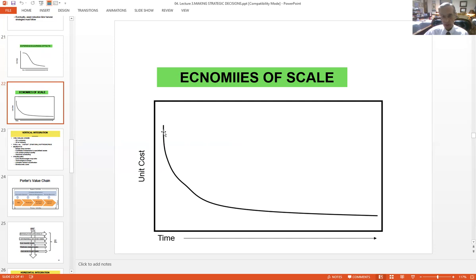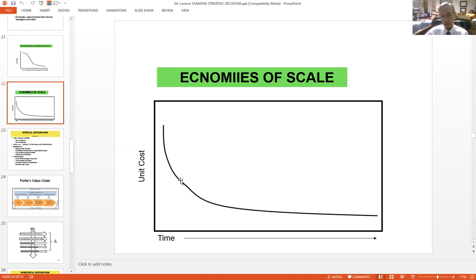We merge with another company. At that point, we need only one president, only one treasurer, only one accounting department, only one data processing department, only one sales force, perhaps. And so lots of costs will come out of the new combined corporation, and the costs will come down.